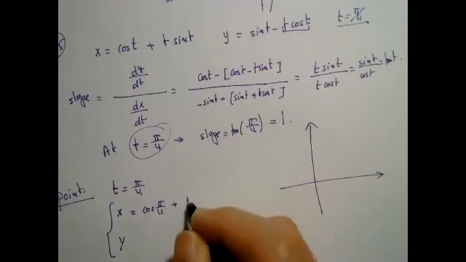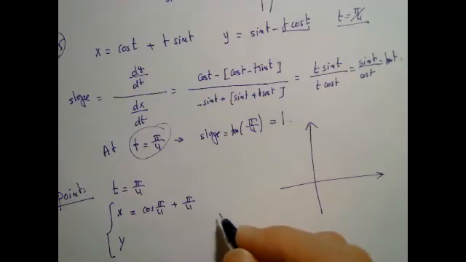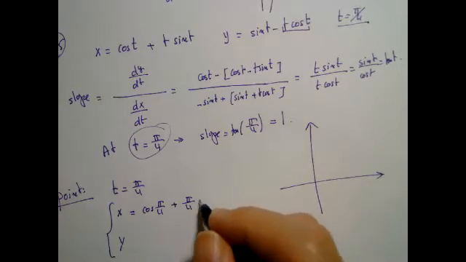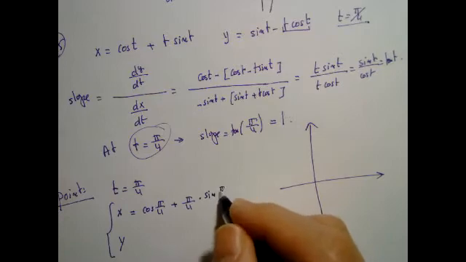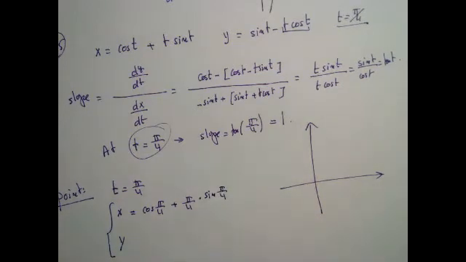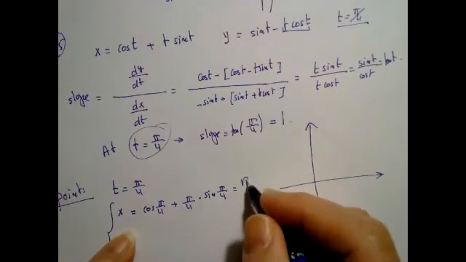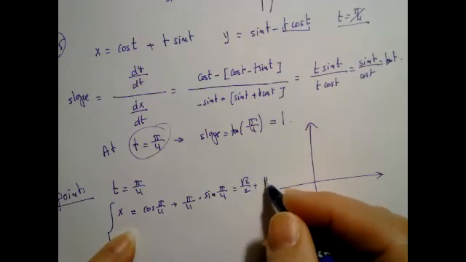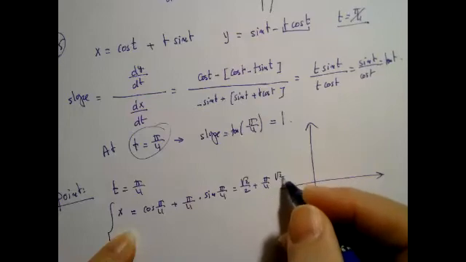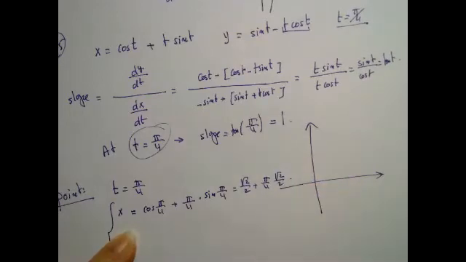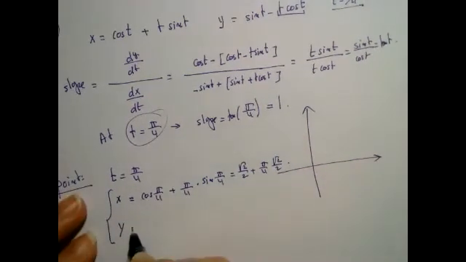Oh, it's a nasty number, but that's okay. Plus pi over 4 times the sine of pi over 4. We know that cosine pi over 4 is square root of 2 over 2. So this gives me square root of 2 over 2 plus pi over 4 times square root of 2 over 2. Now what's the y?